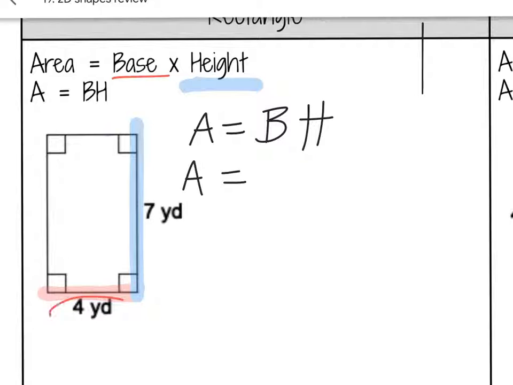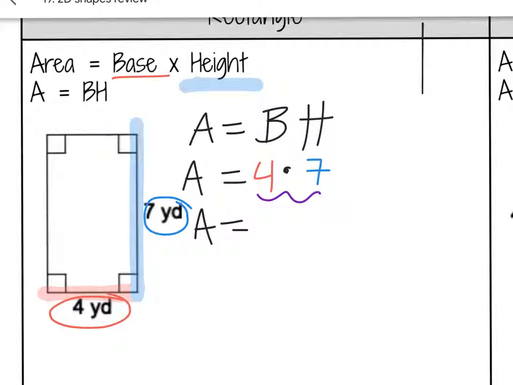So my base right here is 4 times my height right here is 7. So my area is 4 times 7, which is 28.